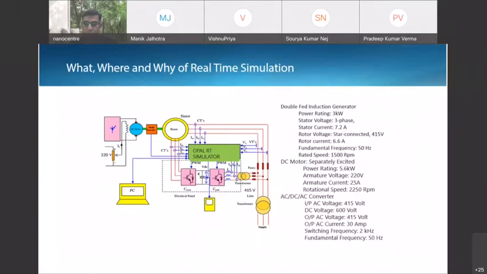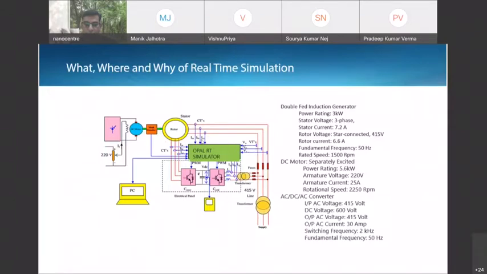What NIT-Rourkela had done was use the Opal RT simulator as a controller. If we focus on that, we can see the values of the currents have been taken from the CTs, and the values of the voltages from the voltage transformers.